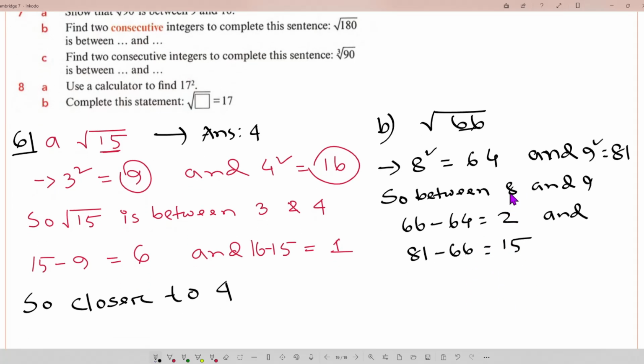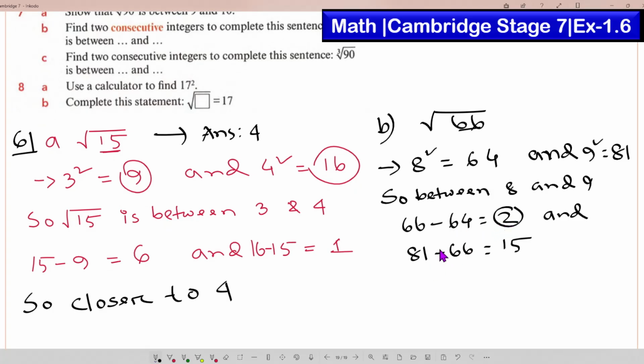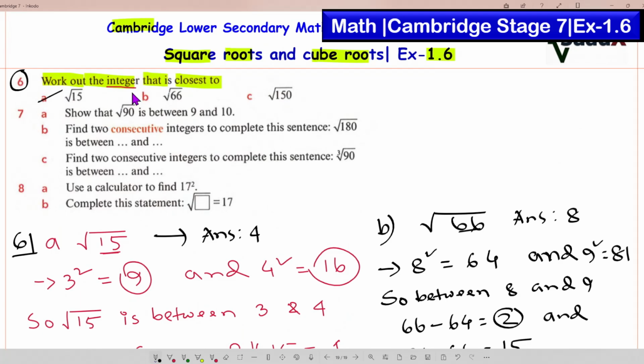So easily the closest difference is 2. Therefore we can say it is closer to 8. Answer 8. Numbers A and B done.